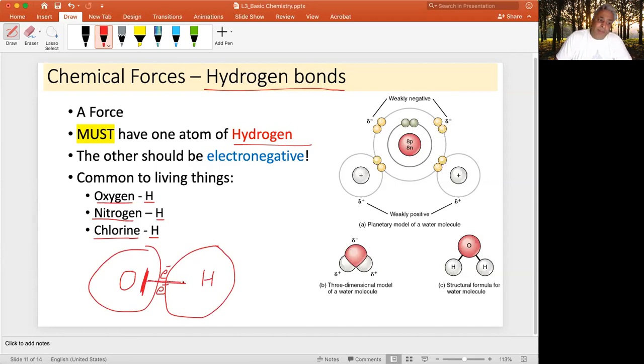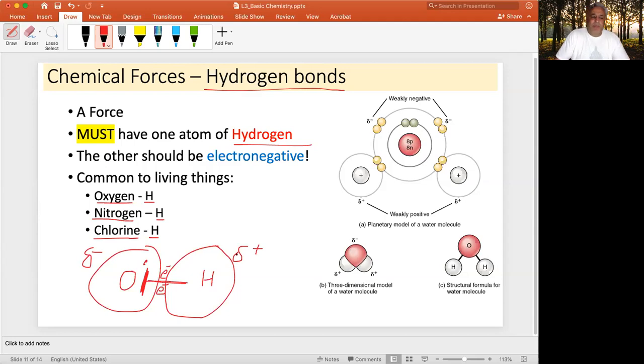Remember, this is a covalent bond, a sharing of electrons. We haven't spoken about hydrogen bonds yet. So the electrons are mostly over here. This side of the molecule has a slightly negative charge, and this side has a slightly positive charge. So now you can see it's a polarized covalent bond.